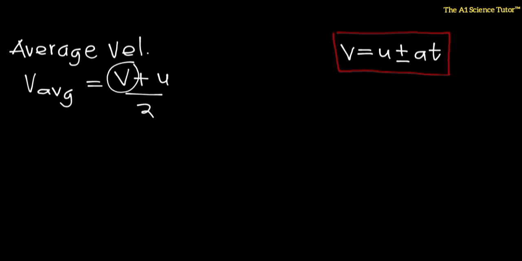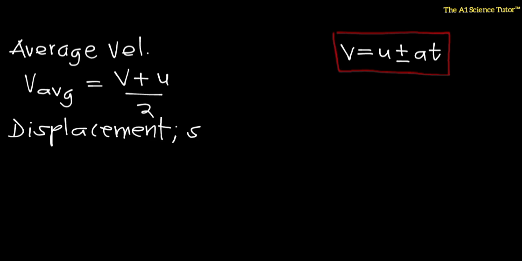So v stands for the final velocity, and u stands for the initial. So this basically is a formula for average velocity. Now, displacement is written as s, and that is equal to average velocity multiplied by time.